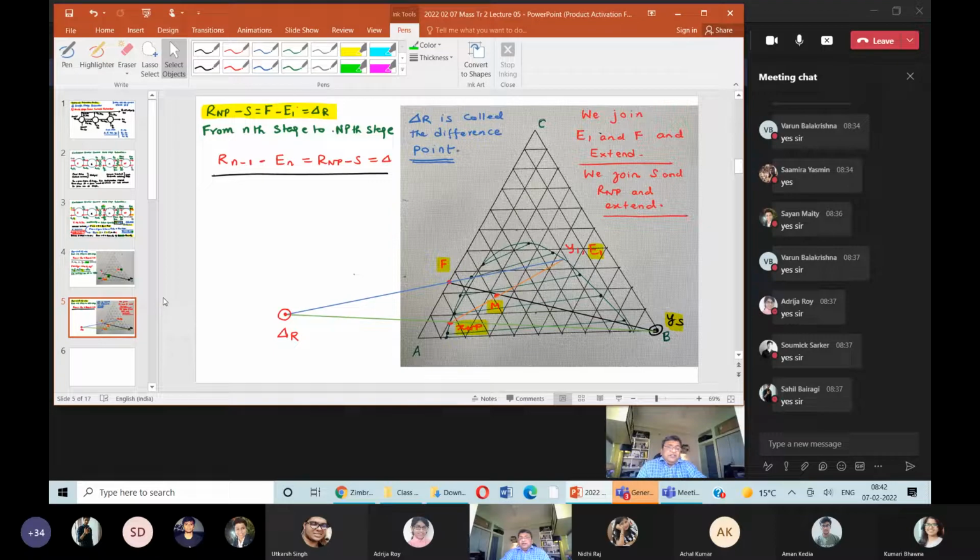Therefore, if we join S and RNP and extend, and join E and F, wherever those two lines intersect, that is the difference point or the delta R. Is this clear to all?